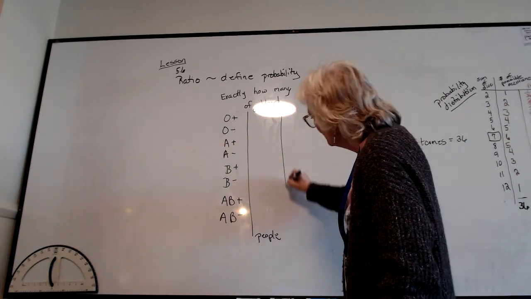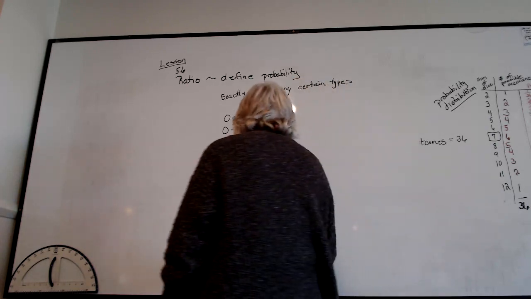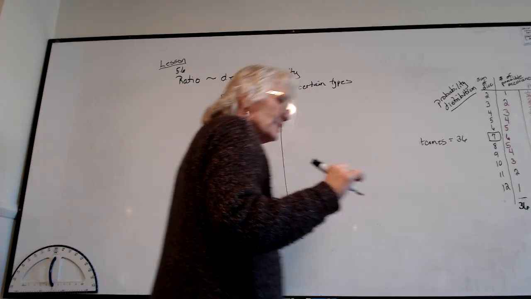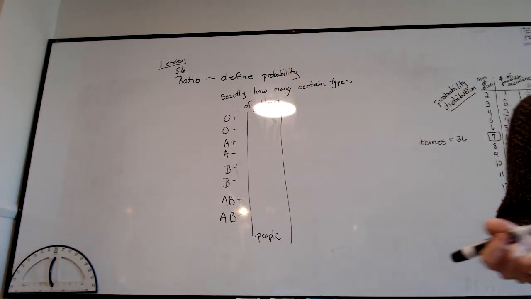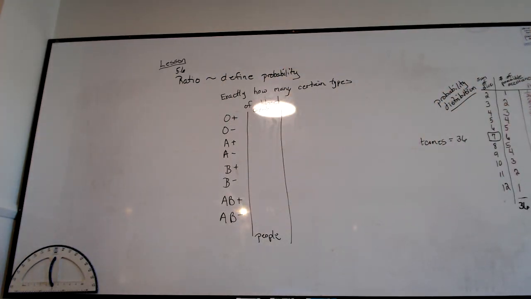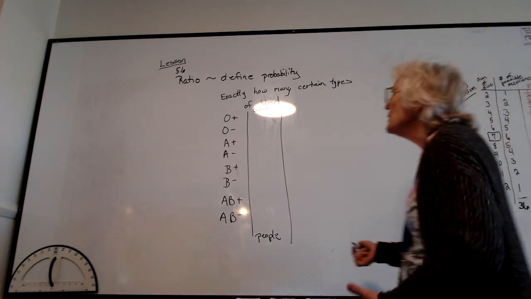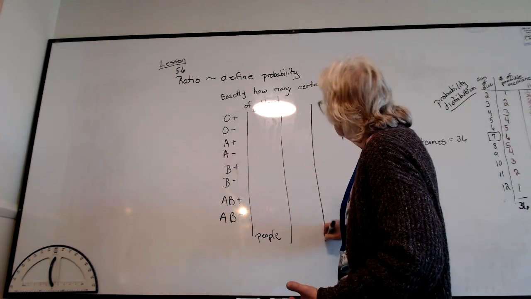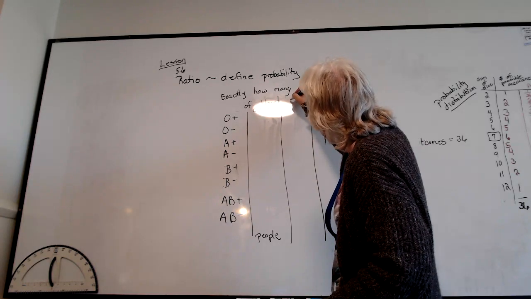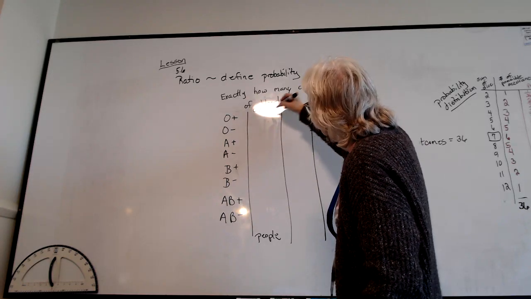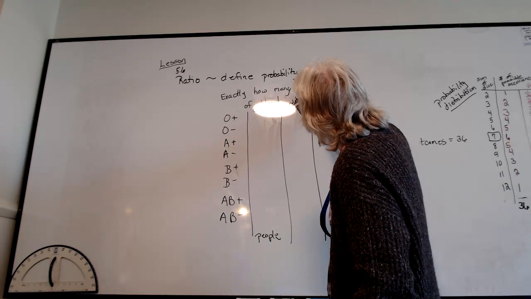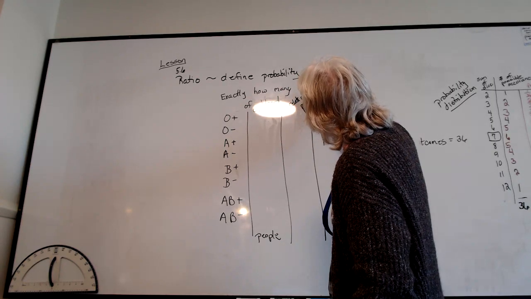Based on that experiment, where we do counts, we can come up with what we call a frequency, how often it occurs. This is our frequency. And we can come up with what's called a relative frequency chart.